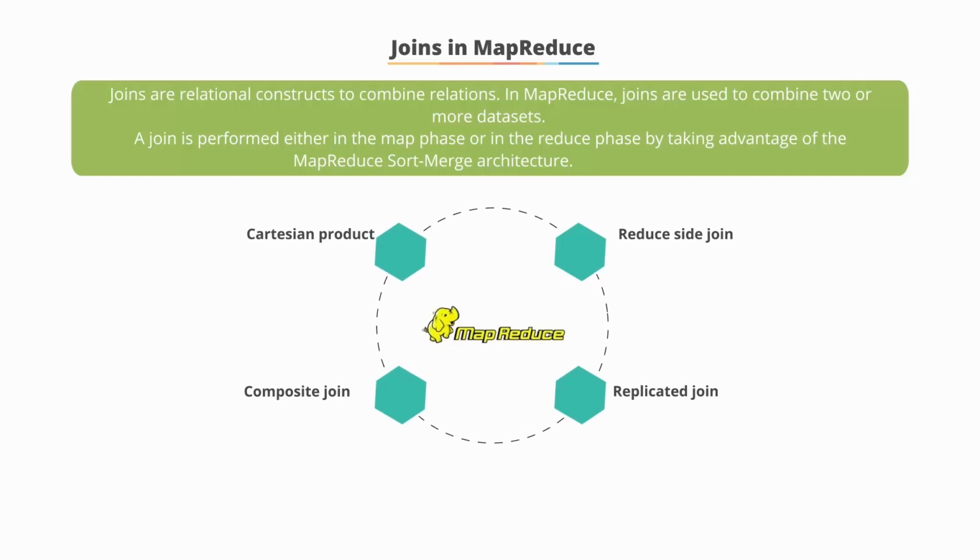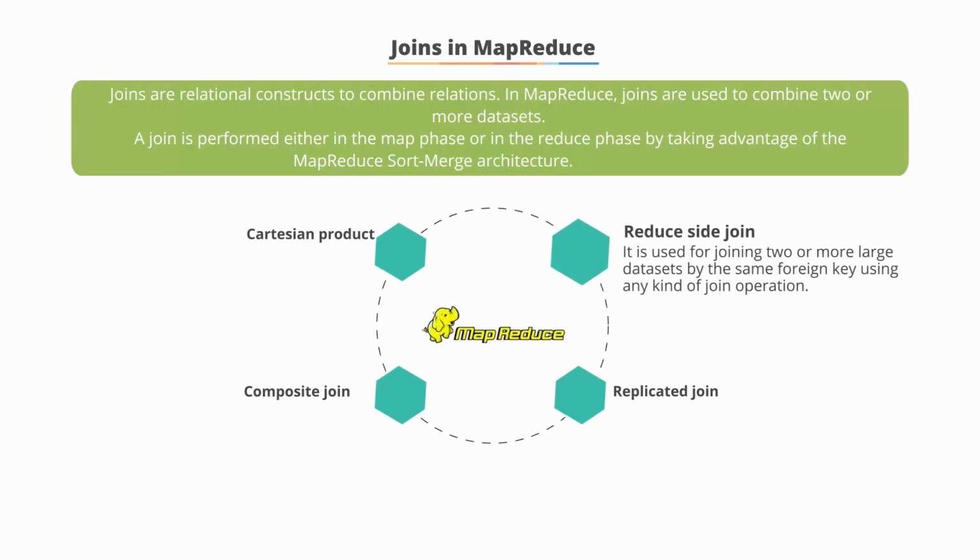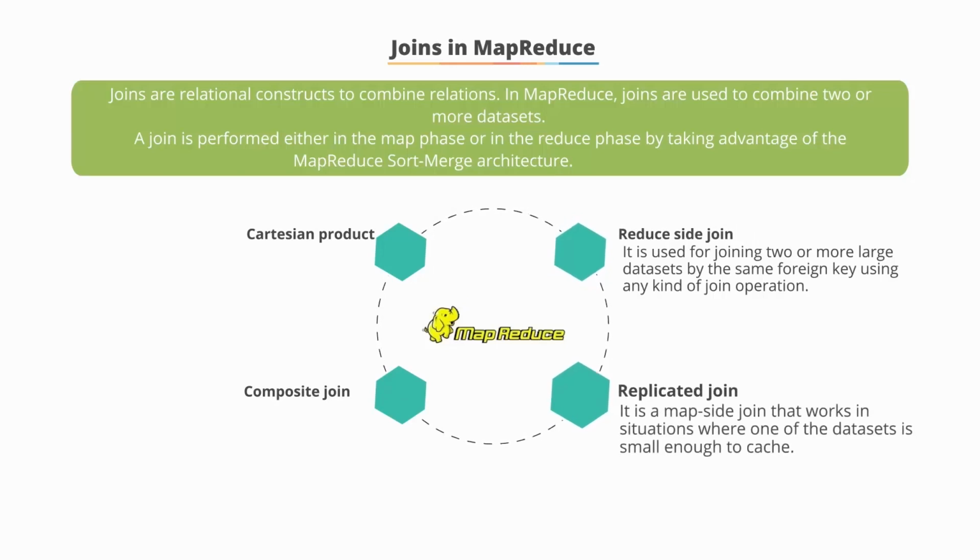Cartesian product. A reduce side join is used for joining two or more large datasets with the same foreign key with any kind of join operation. A replicated join is a map side join that works in situations where one of the datasets is small enough to cache, thus vastly improving its performance.